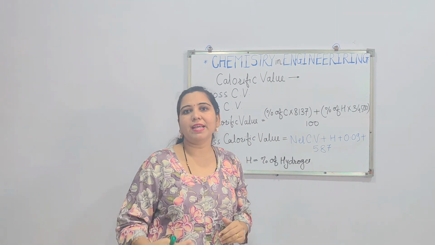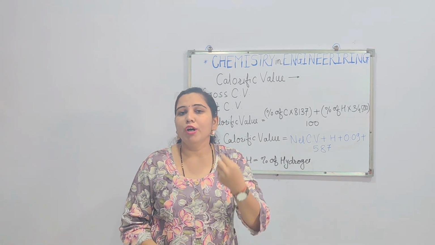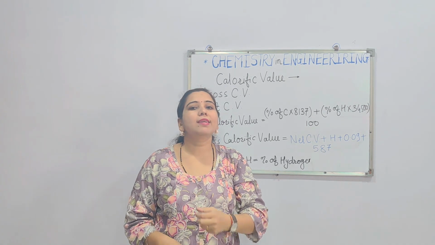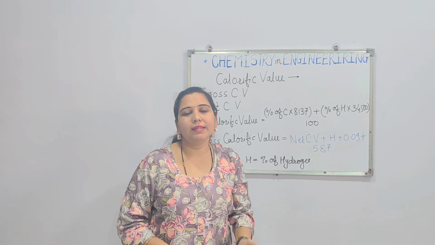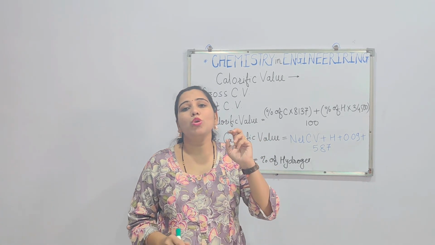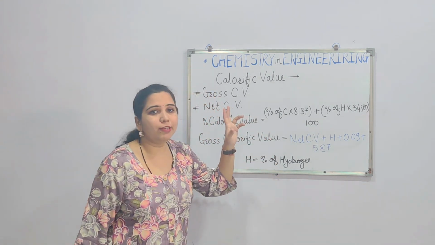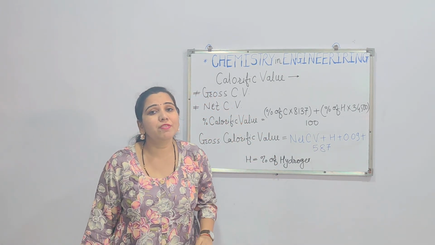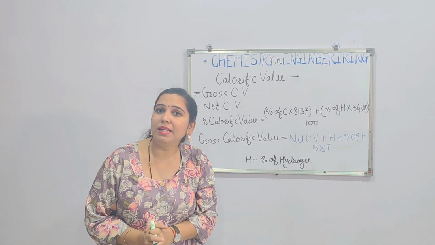In other words, the energy from 1 unit of fuel is called the calorific value. It is measured in calories, and the fuel is considered as a substance, so it must be released as heat. So this calorific value is the energy released when a unit weight of substance has been completely burnt.